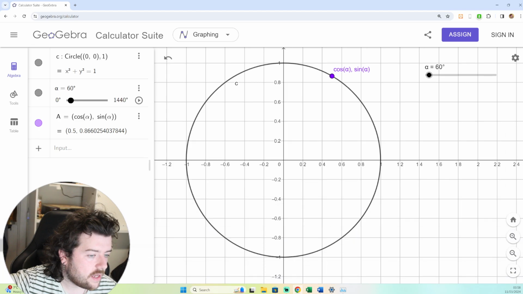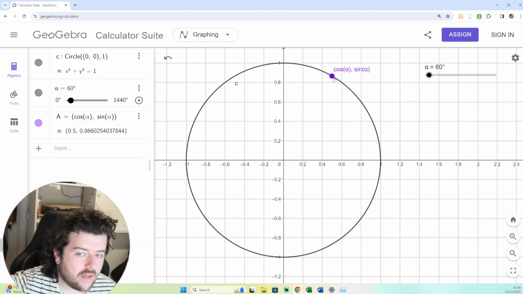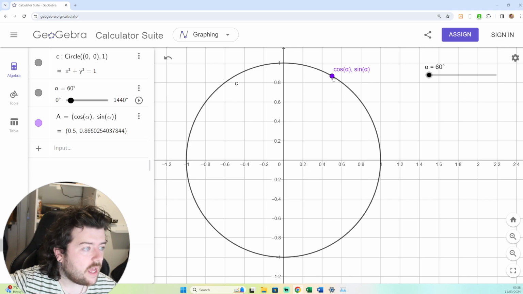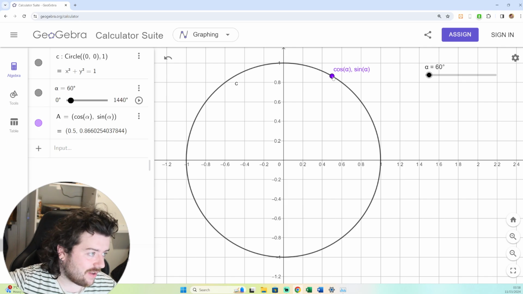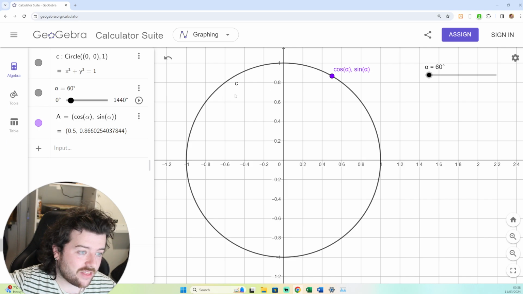My value is up here. Now, if we add on the period, remember the period is a value which will bring me right back to where I started on the unit circle. So if I add 360 to this, I should be getting to 420.